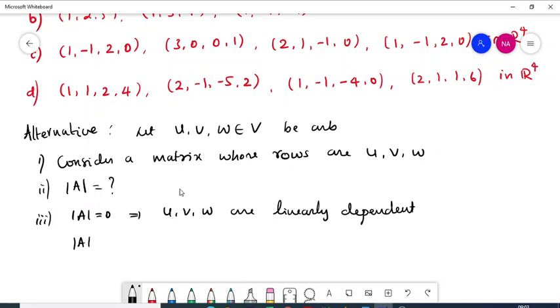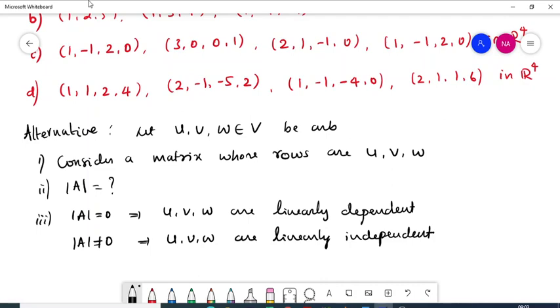If the determinant is not equal to 0, then your conclusion is U, V, W are not linearly dependent, okay, it is linearly independent. So that is another way. You can either follow the method we discussed for problem A, or you can follow this.